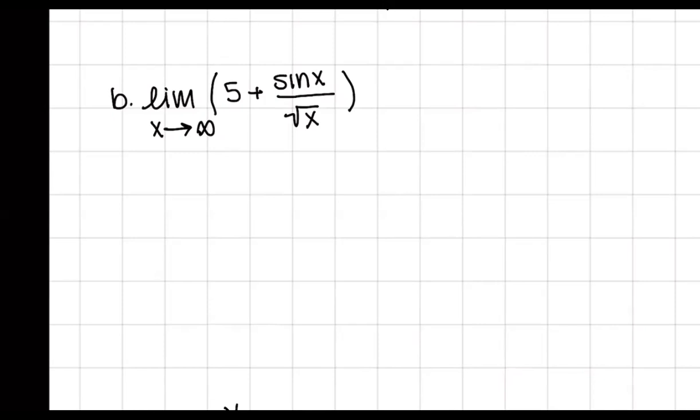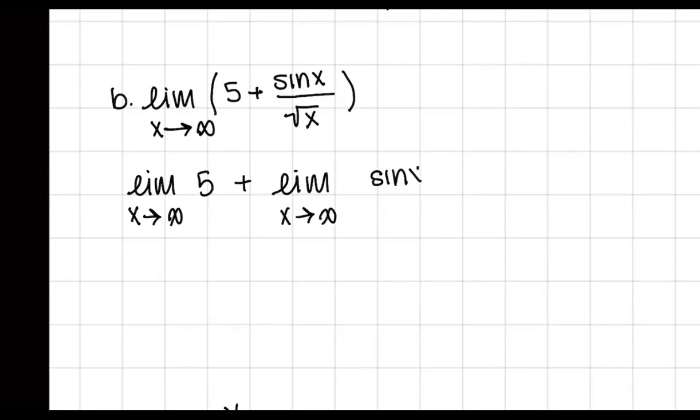So by the squeeze theorem, which I'm not going to show you here because it'll be a little bit too much, we know, let me break some stuff up real quick, 5 plus the limit as x approaches infinity of sine of x over root x.